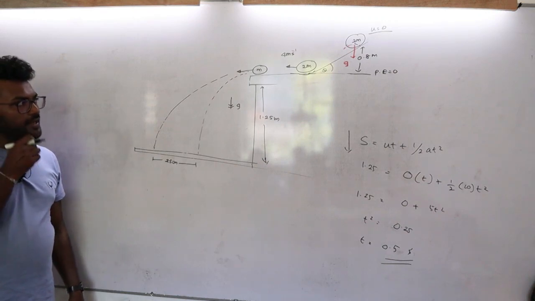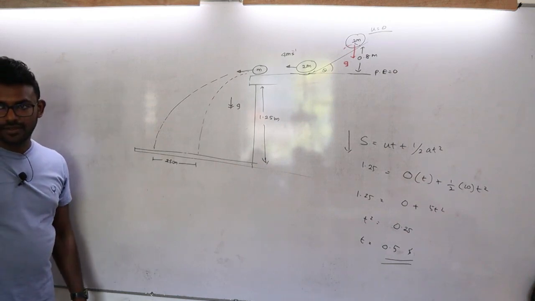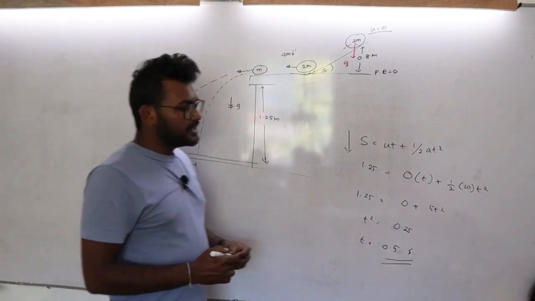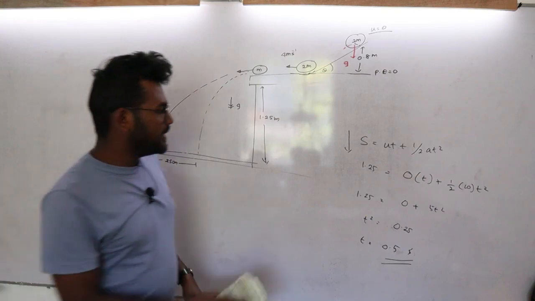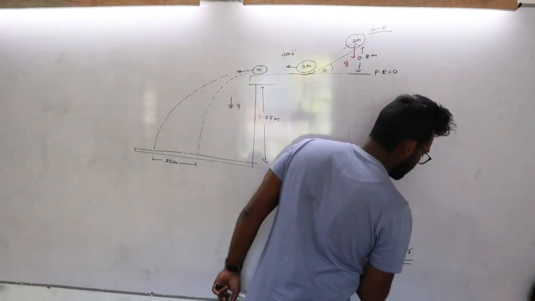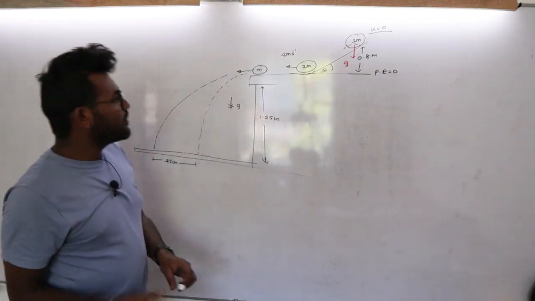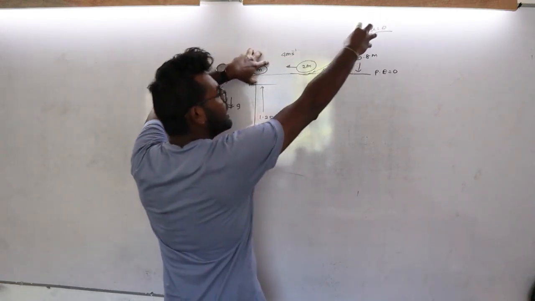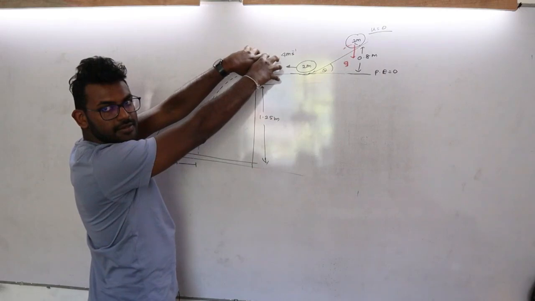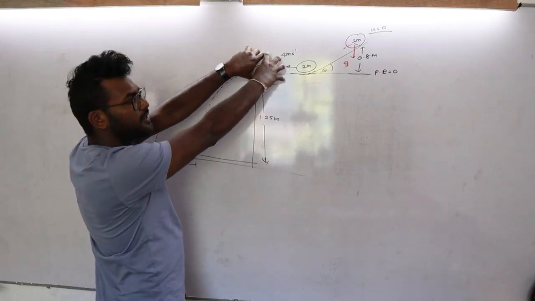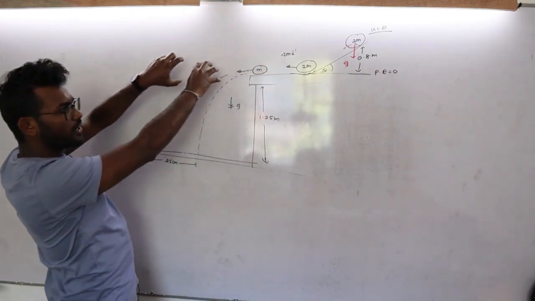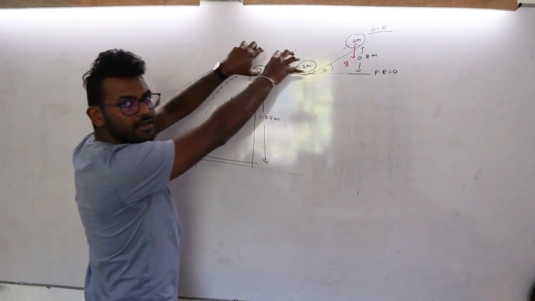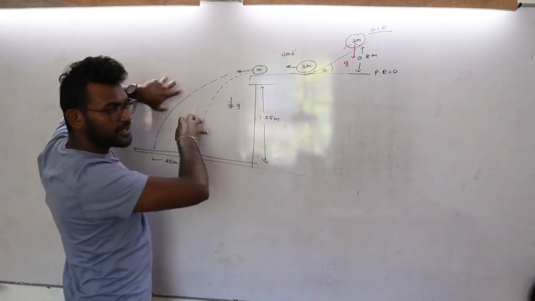Okay, how do you do it? Now this is the thing that's going to happen. See here, there's one ball like this, another ball was sliding down and hits on this, right? Then what's going to happen? Both of them will be thrown out, but they were having different velocities, right?